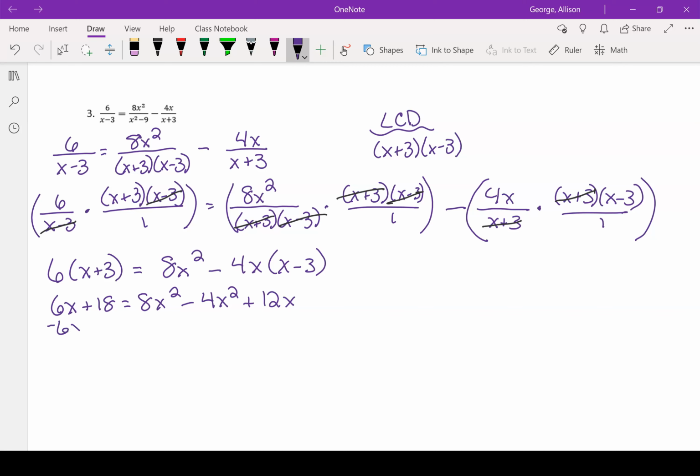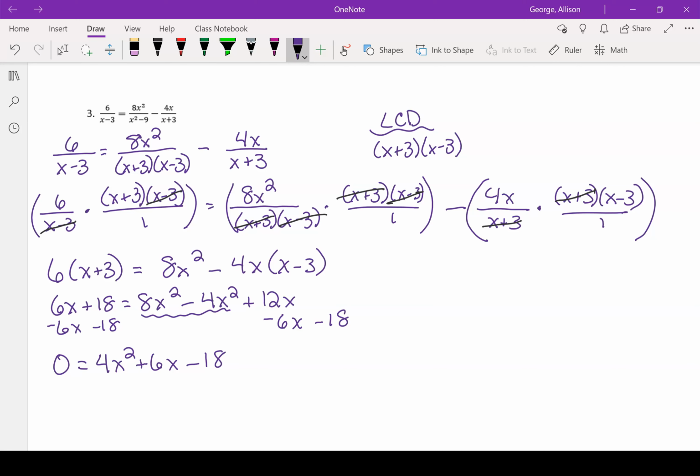Alright, so I'm going to bring these over. And then I also need to combine those. So 8x squared minus 4x squared is going to be 4x squared. 12x minus 6x is 6x. And then minus 18. Okay, so we do need to factor this one.